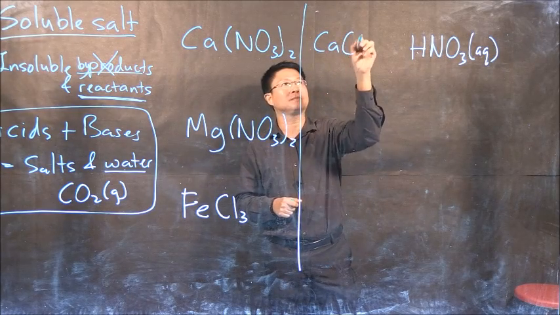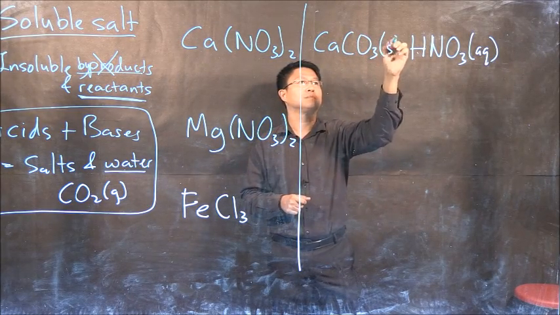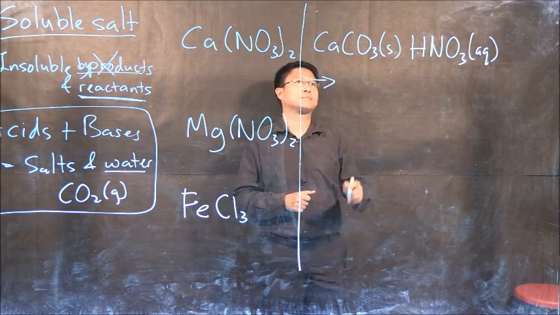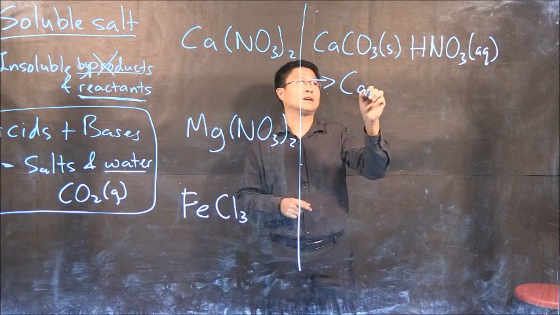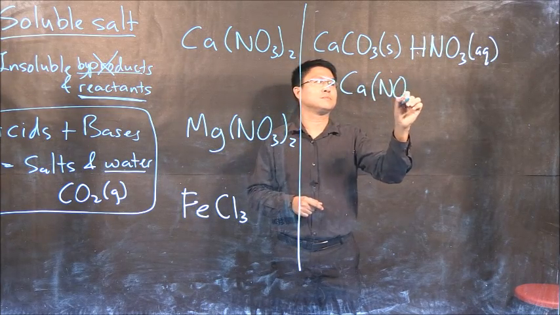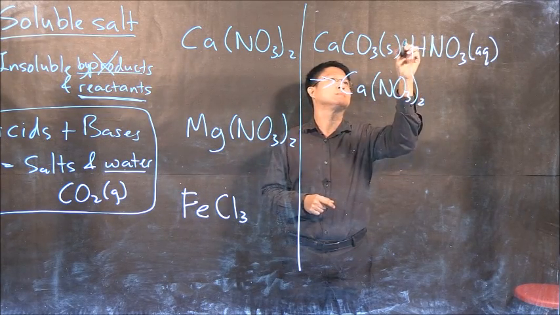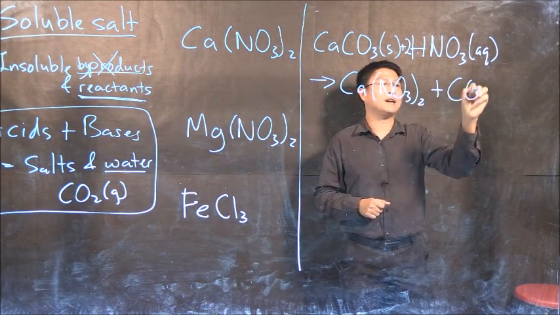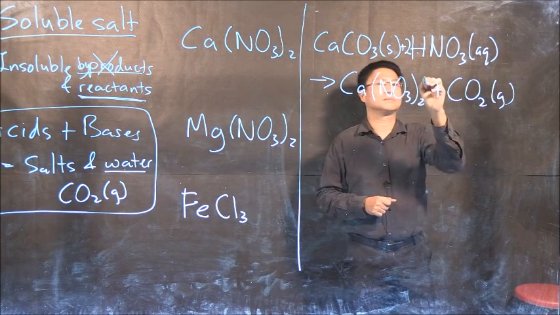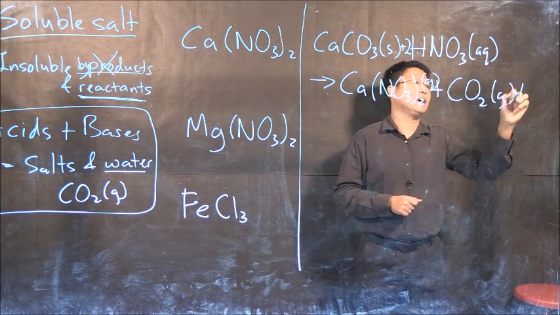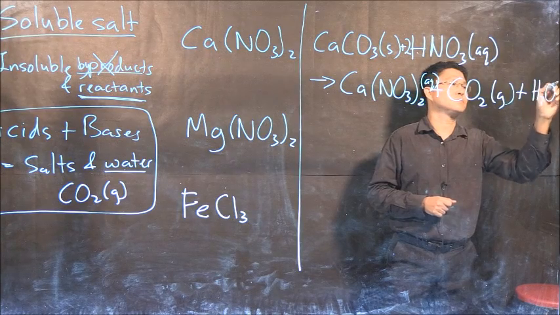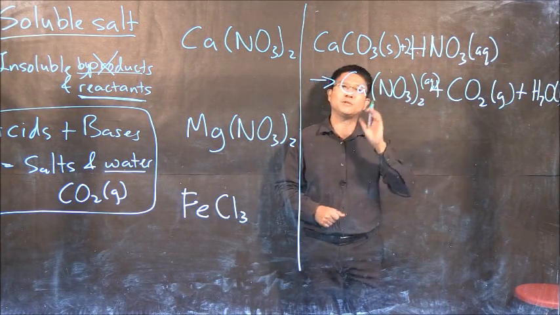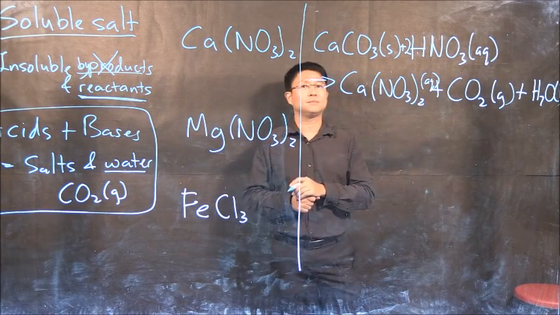Now let us look at the different types of bases of calcium and find out which are insoluble. The easiest of which is calcium carbonate. When they react, they form calcium nitrate and carbon dioxide and water. Now let us look at this equation to see which of these should concern us.